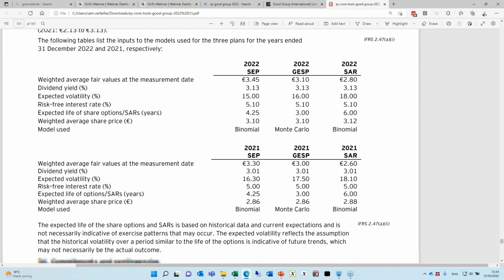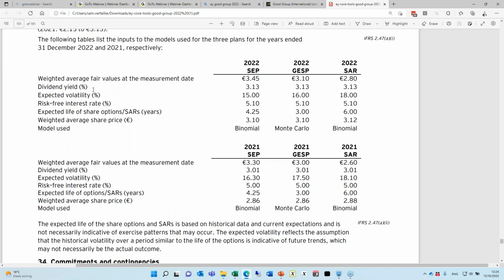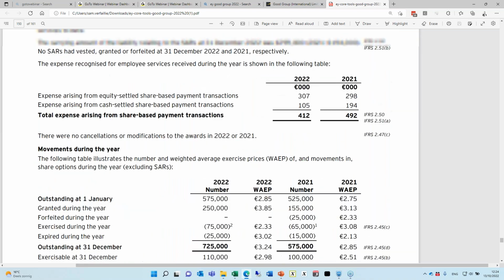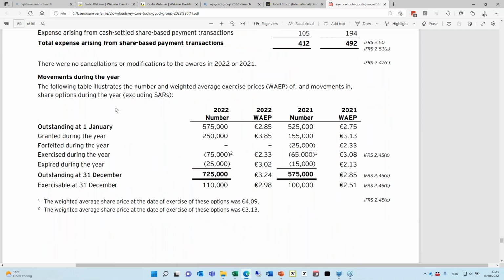From your Excel, how you're measuring it, it should be obvious to include, and certainly also the movement tables, or you may have software to track all the share-based payment plans that you can use in order to prepare the disclosures.